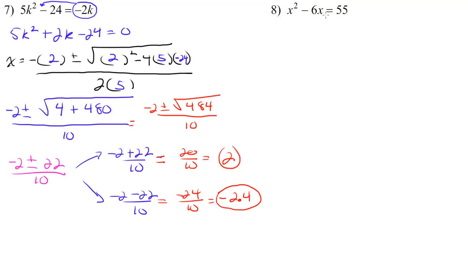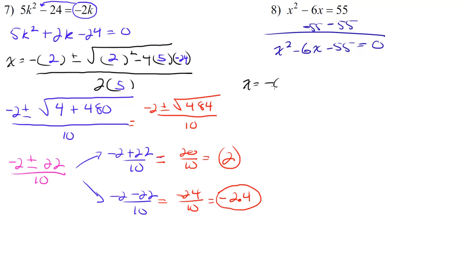Number 8, to put it in standard form, we just need to move this 55, or you could think subtract 55 from both sides. We get x squared minus 6x minus 55 equals 0. Set up our quadratic formula.